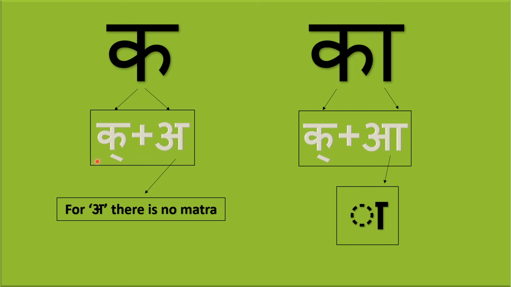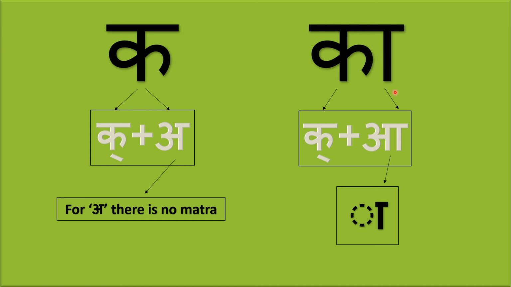That's why we have to write it half. With this ka, we have a. That's why we are writing full ka. But if we want to separate it, we have to write it like this way. That's why we are not using any matra for a. A is already with the consonant. Each consonant has a sound in it.